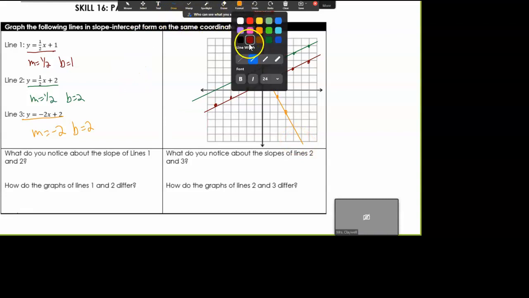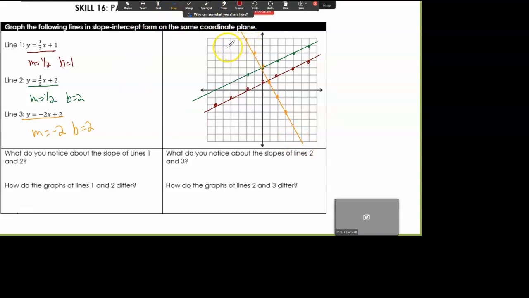So now we're going to think about what is similar about the slopes from lines 1 and 2. They're the same slopes, and what is different is our y-intercept. The slopes of 2 and 3 are opposite reciprocals.